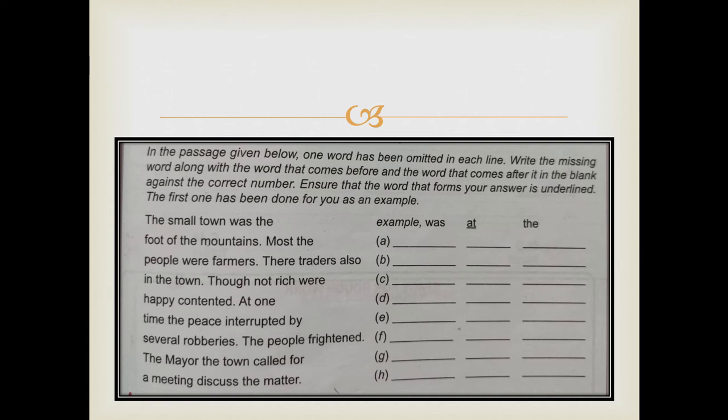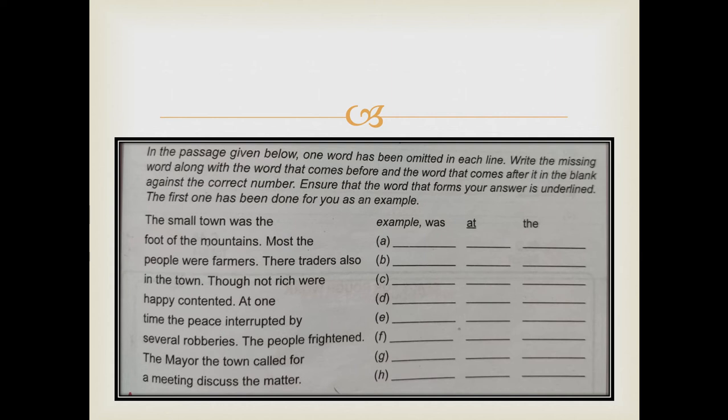So at one time the peace was interrupted by several robberies. The people frightened. The people were frightened. So in the first blank it will be people, then were is supplied by us, so that will come in the second blank, and frightened will come in the third blank. So the people were frightened, and underline were.